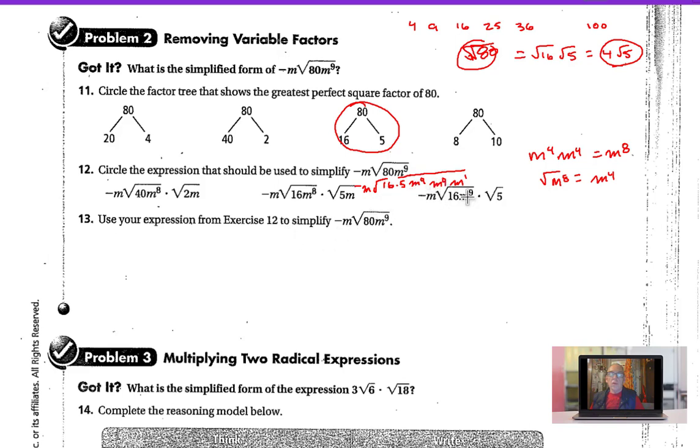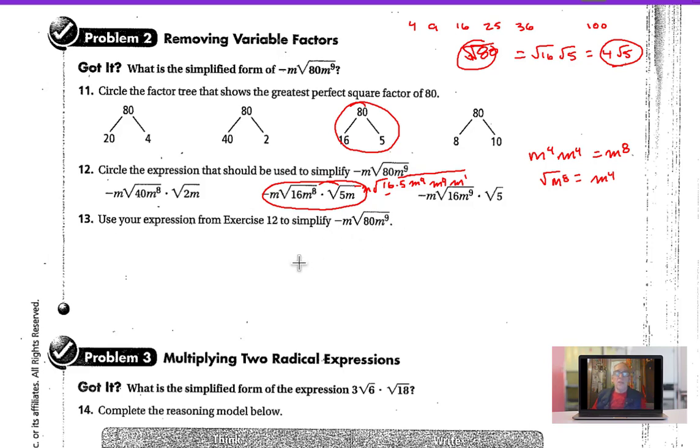So we got m to the fourth, which is the m to the eighth, times a single m. They got the 16 with the m to the eighth, so the 16 can be factored out. The square root of 16 is going to be a 4. Square root of m to the eighth is going to come out as an m to the fourth. So this is the one that's going to serve to simplify that expression.